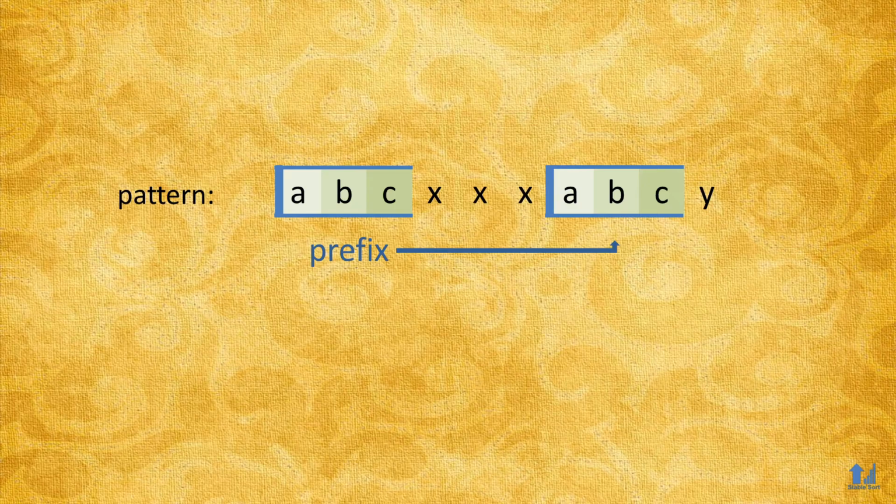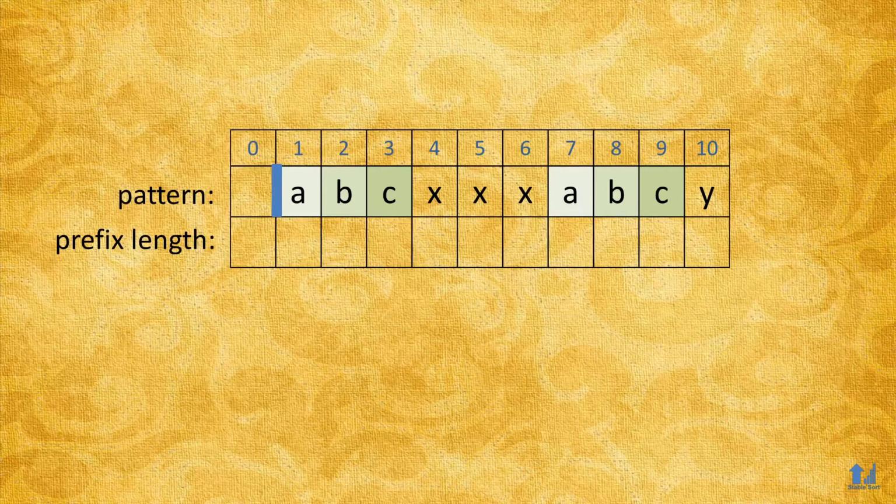This is easier to see and understand than to define. The characters ABC at the beginning of the string are also found towards the end of it. They are highlighted for clarity. So we'll be looking for a pattern where the first character is A, followed by B, and possibly more.